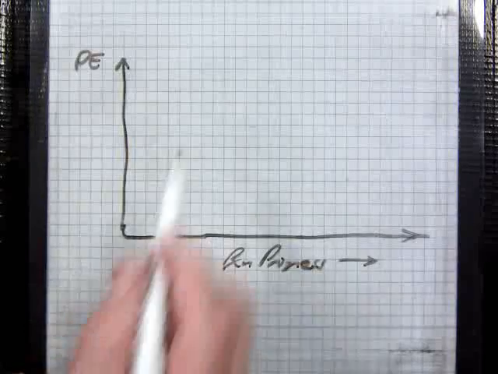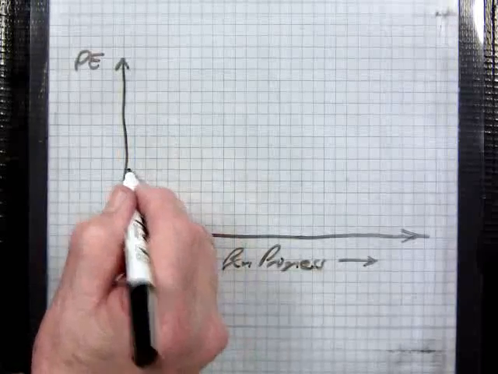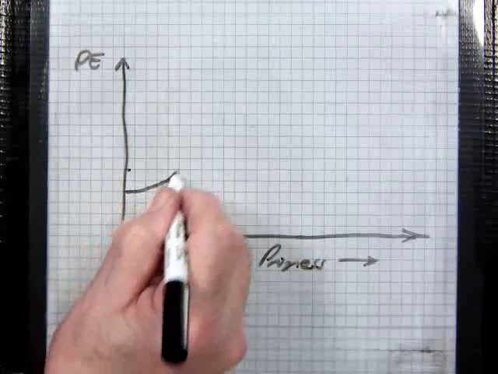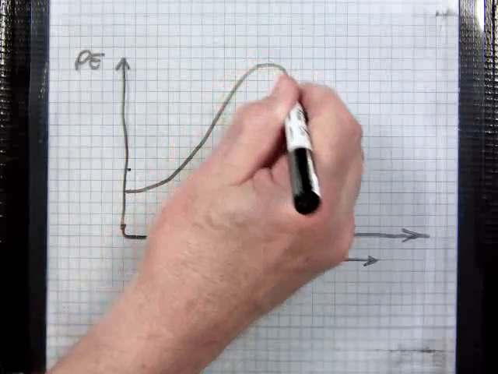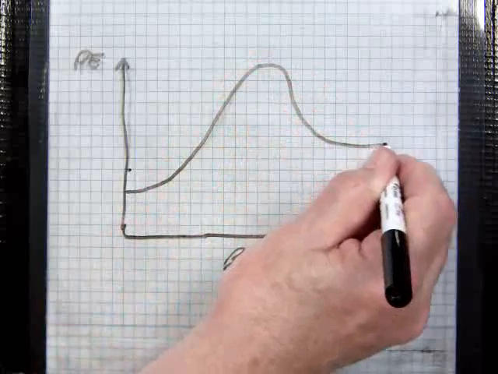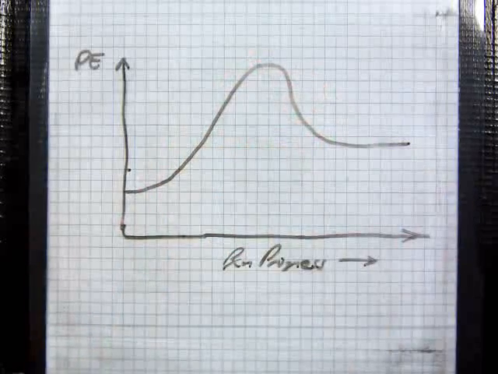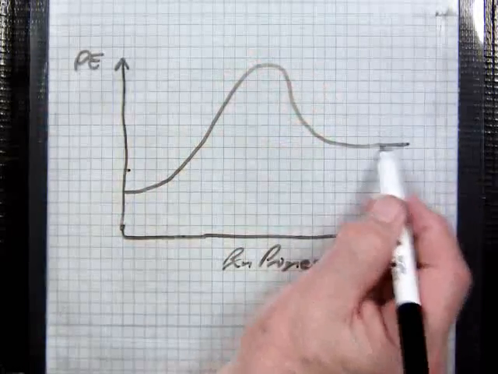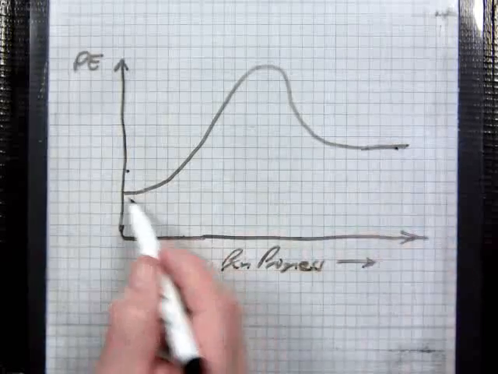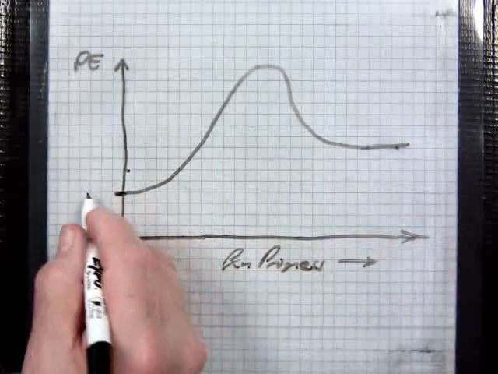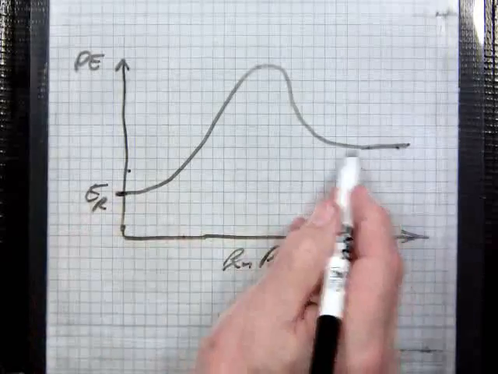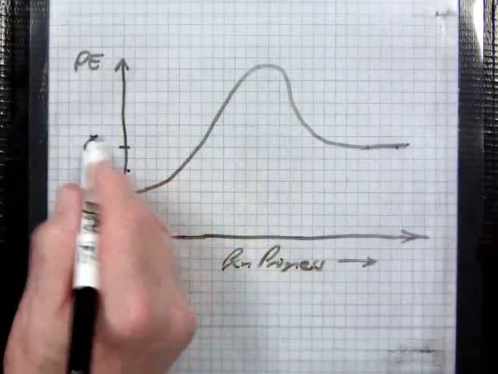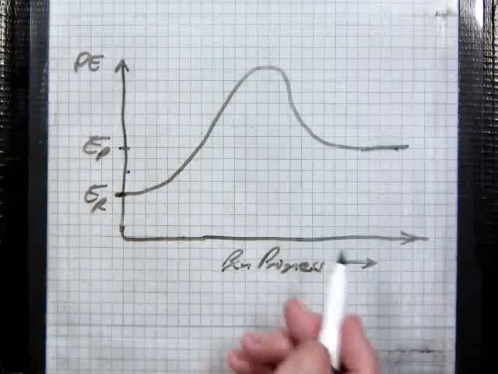Okay. So we'll start out here, come up here, and then level off over here. So that's showing the product side at a point above the reactant. That's the positional energy of the reactants, and that's the positional energy of the products.